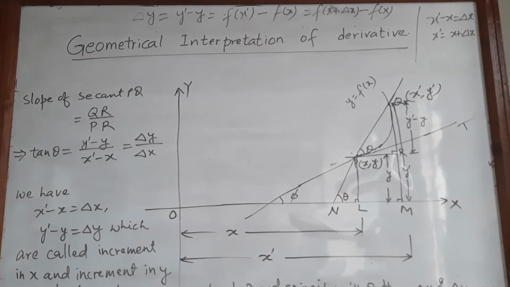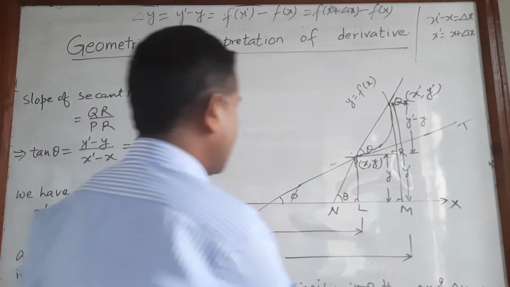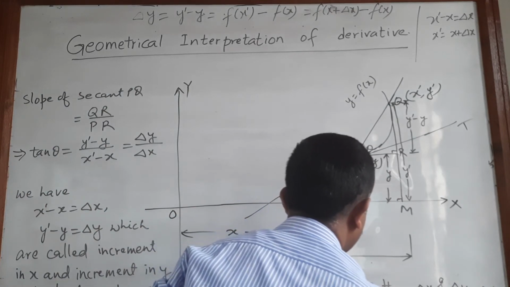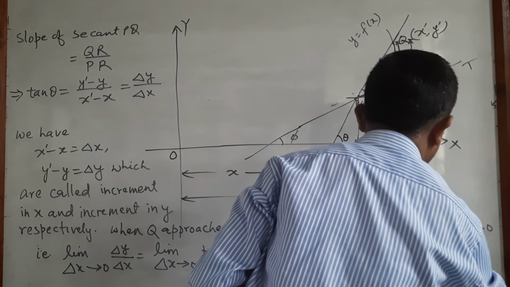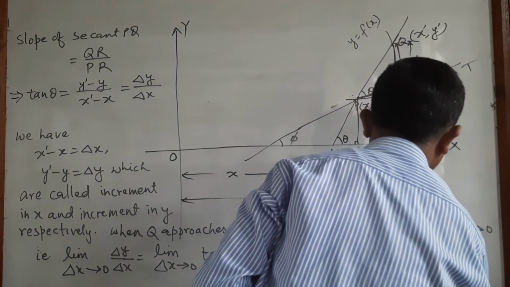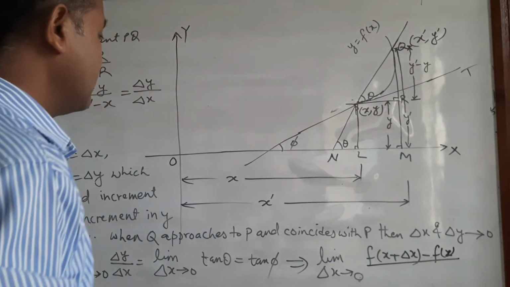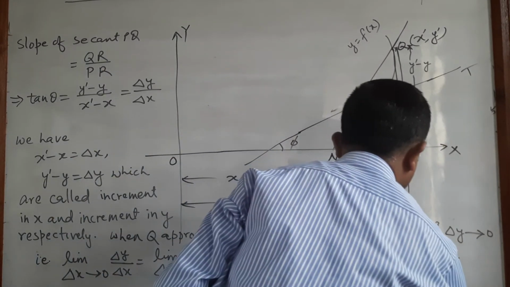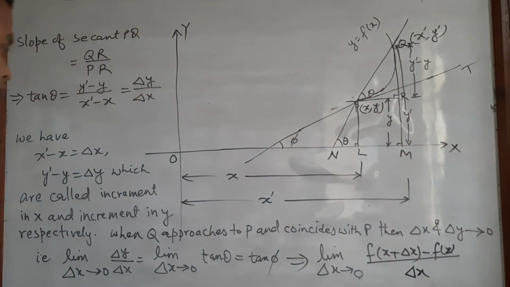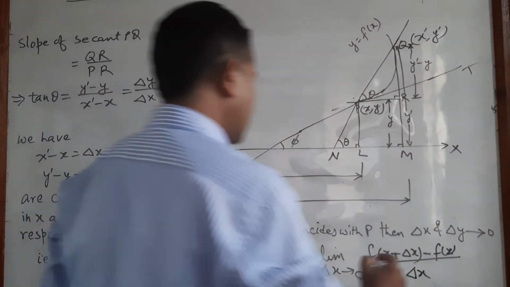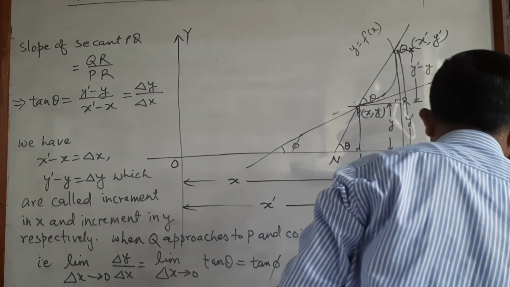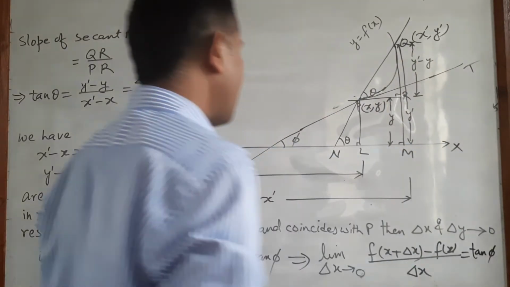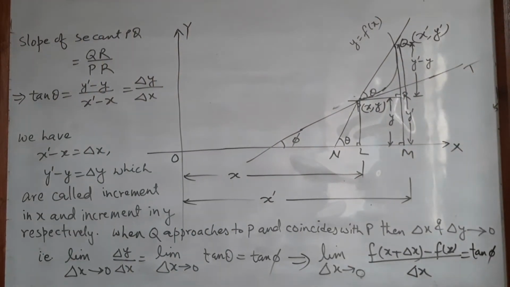So we can write del y over del x as f(x plus del x) minus f(x) over del x, which equals tan phi.